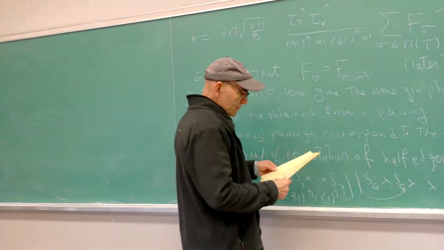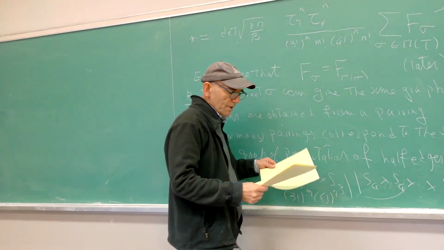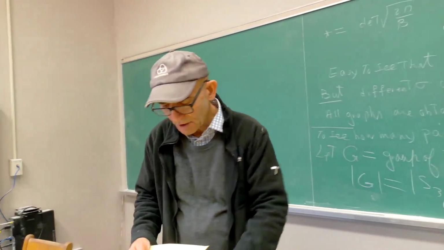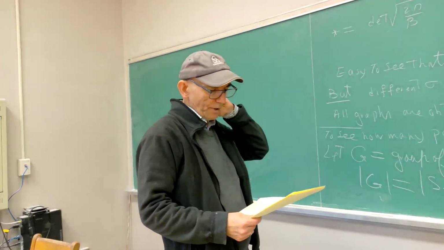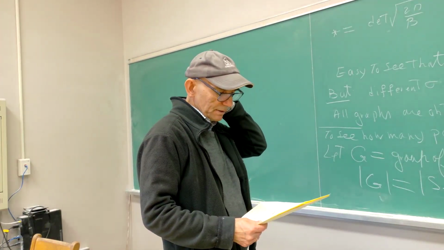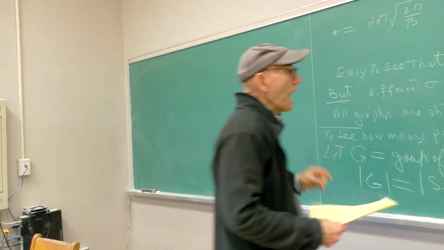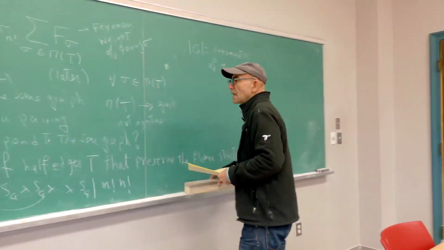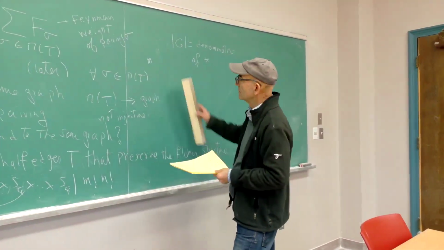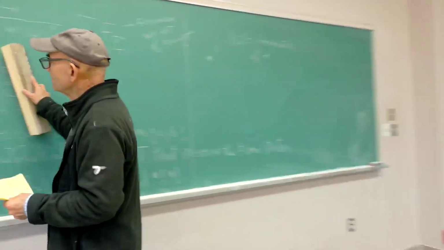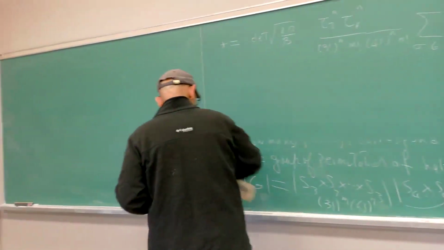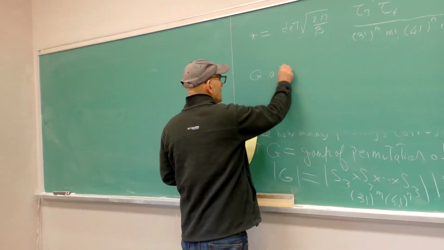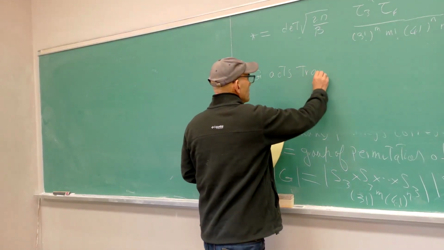So then what's left to do now is to observe that G actually acts on the set of all pairings of T, and it actually acts transitively on each fiber. So that's the next thing you have to observe. So G acts transitively.